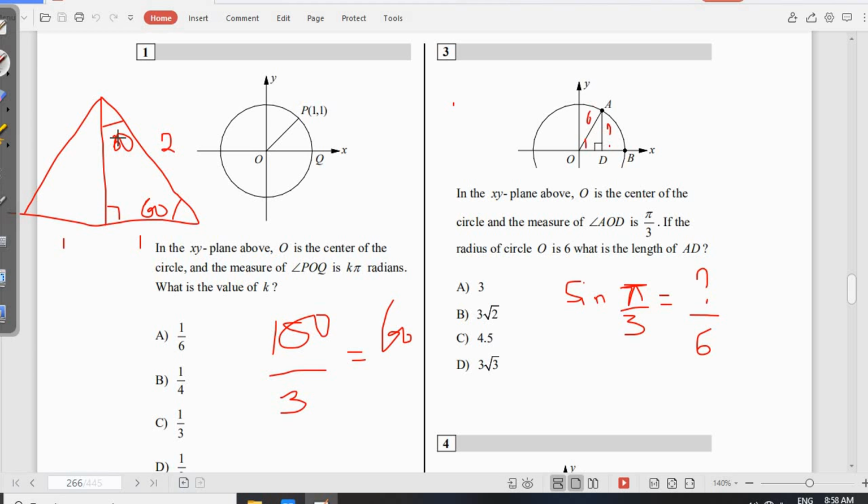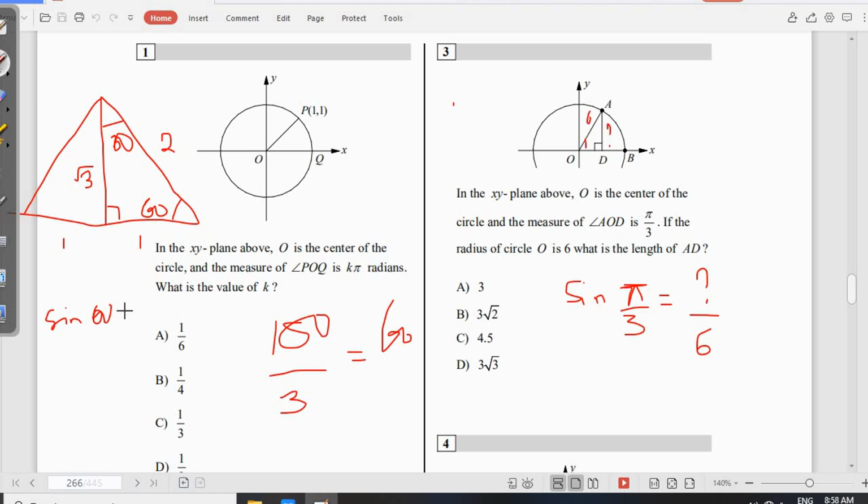Then what we are saying is that to get some of the trig functions here, sine theta, that's sine 60, is equal to opposite. What's the opposite? This opposite side is 2 squared, that's 4, minus 1 squared, that's 3, and that's the square root of 3.